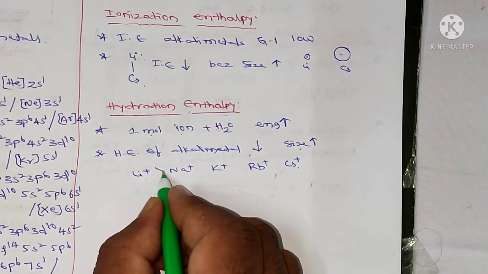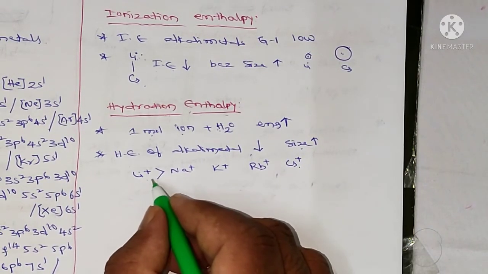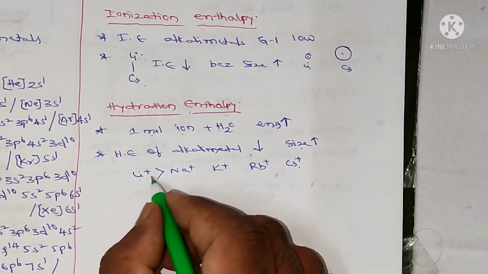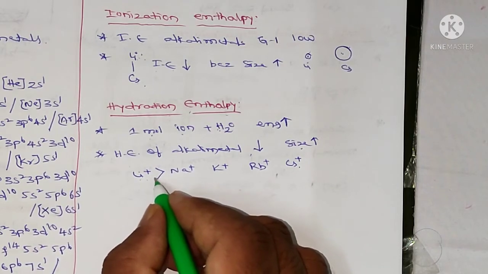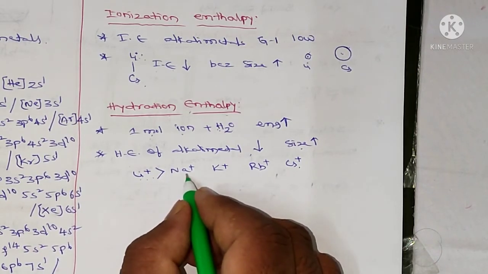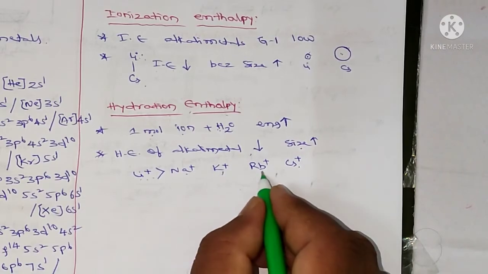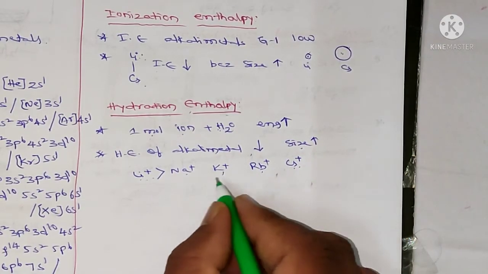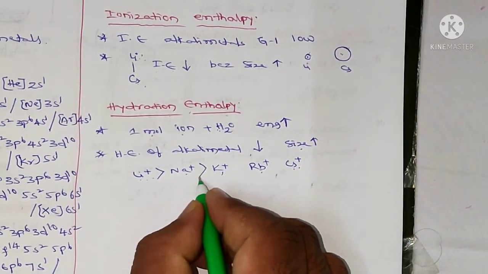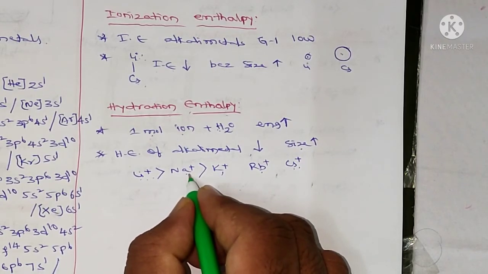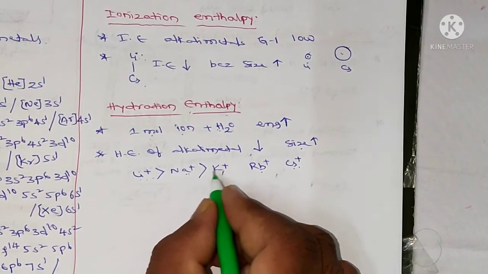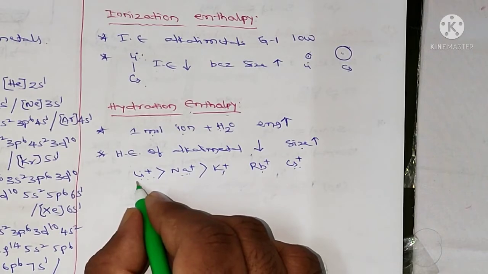The lithium plus has more hydration enthalpy than sodium plus, potassium plus, rubidium plus and cesium plus. The sodium plus has more hydration enthalpy than potassium plus but less than lithium plus.